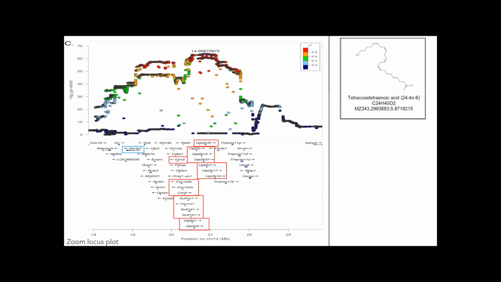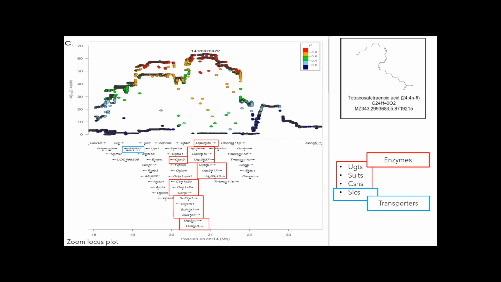Additionally, we identified a gene involved in metabolite uptake. So from this locus, we identified a number of enzymes, UGT, SULT, CES, and one specific transporter, SLC.